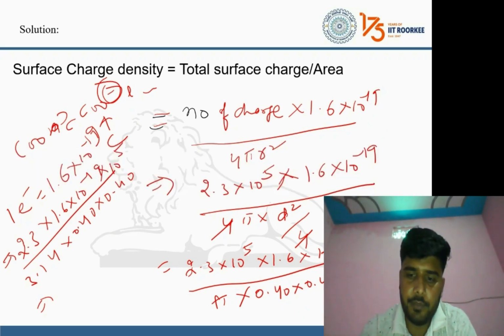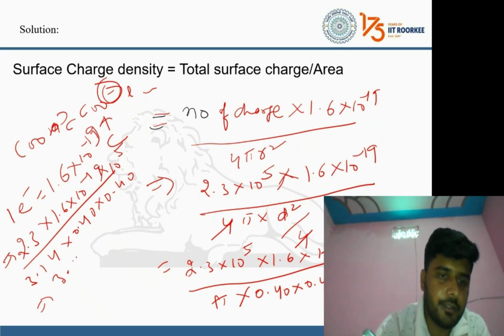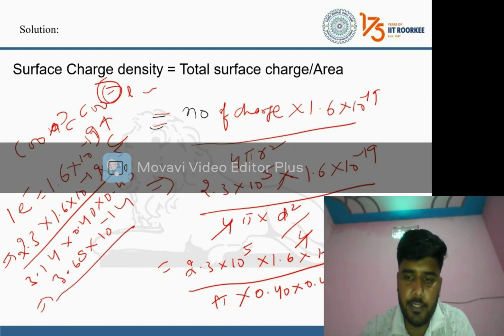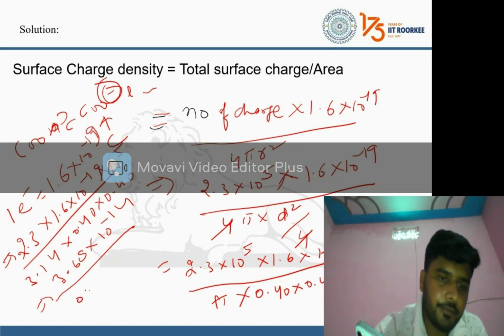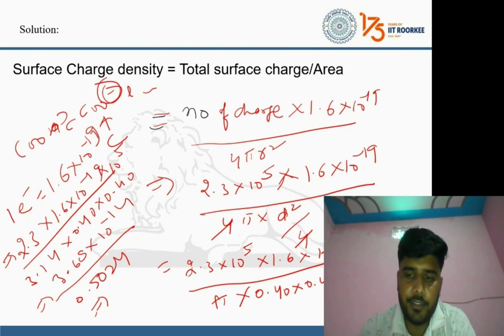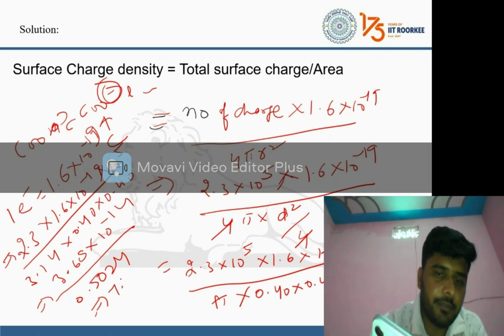The numerator is 3.68 into 10 to the power minus 14, and the denominator is 0.5024. Dividing 3.68 by 0.5024, we get 7.32 into 10 to the power minus 14.